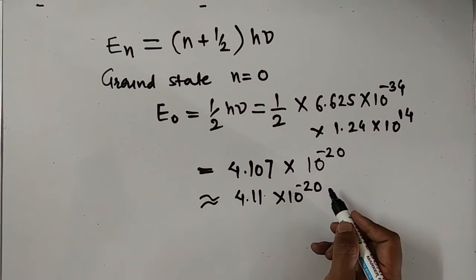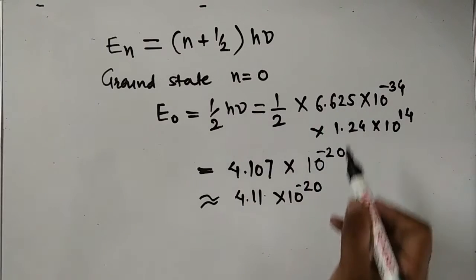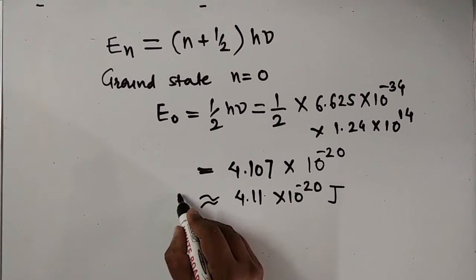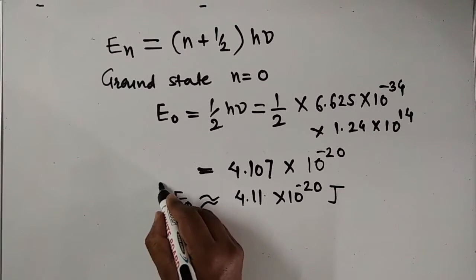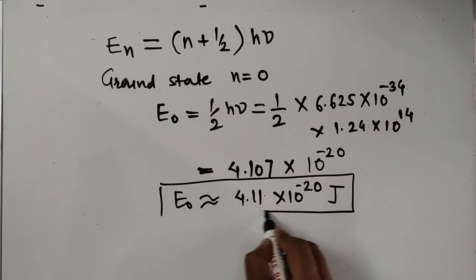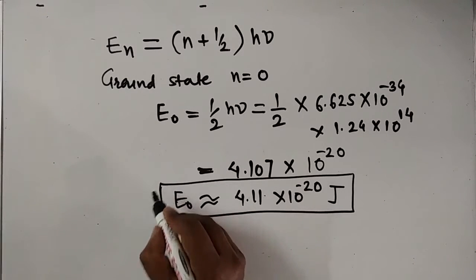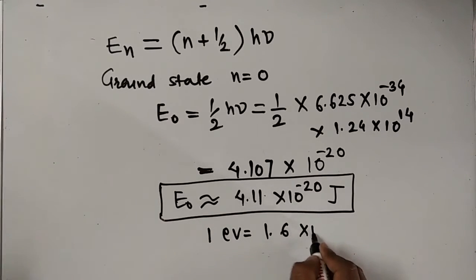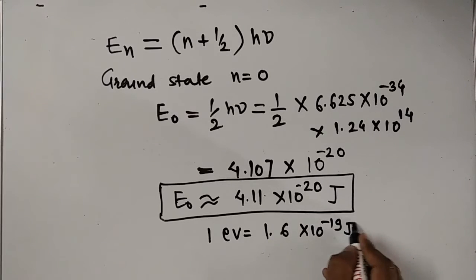So all the values we are taking into SI units, right? So frequency is in hertz, so our energy will come in joule, right? So this is energy in the joule. So this is vibrational energy for the ground state, right? So this is ground state energy. We can convert this energy into electron volt if we divide it by 1.6. So 1 electron volt is equal to 1.6 into 10 raised to minus 19 joule, right?